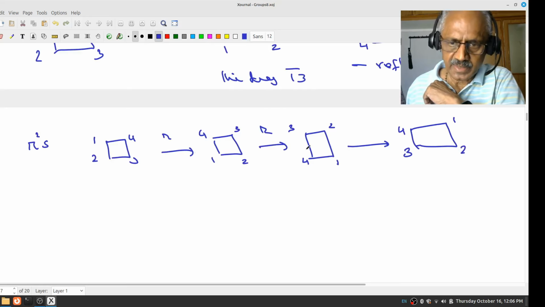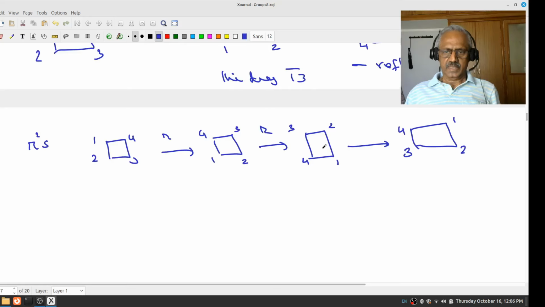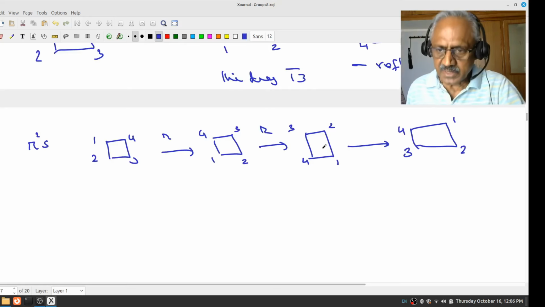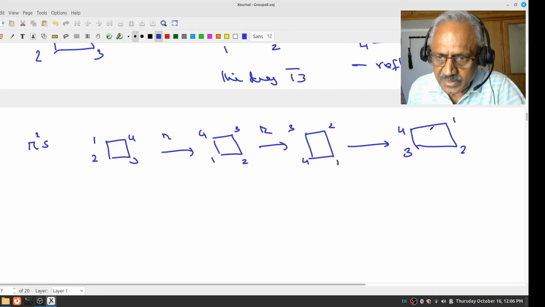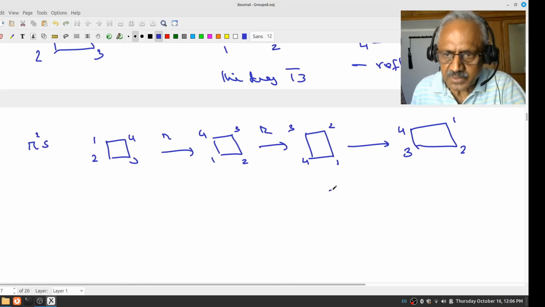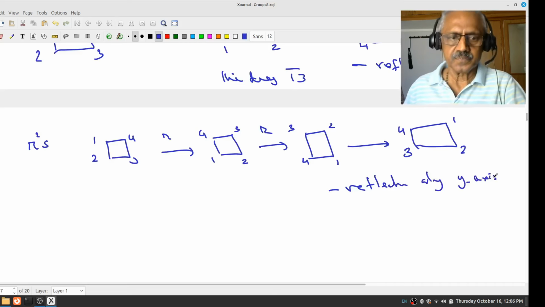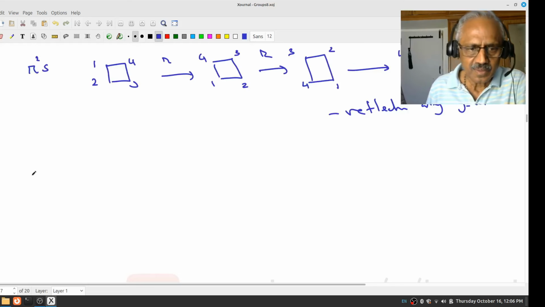R squared into S is going to be 3 and 4. Now you can see this is the reflection along the y-axis. If I reflect along the y-axis, what happens? 4 goes here, 1 comes here, 3 goes here, 2 goes. Therefore, this is reflection along the y-axis. Now guess what R cubed S is?